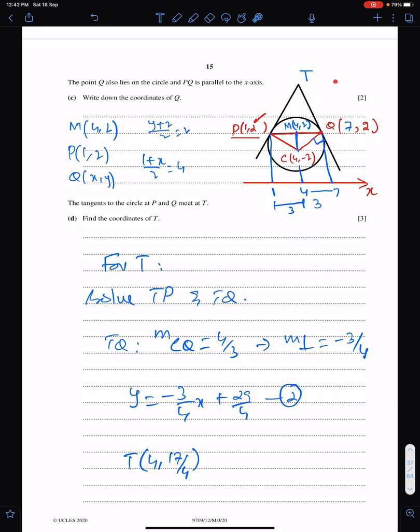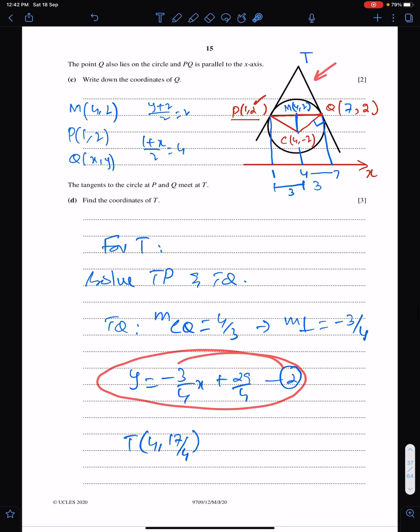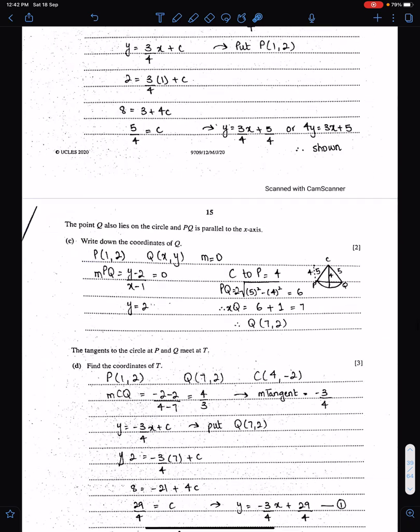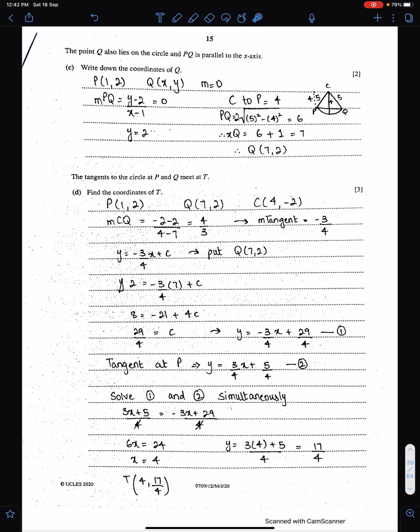First, we need to find the equation of TQ, which is this. This is the complete solution. Coordinates of T are 4 and 17 upon 4.